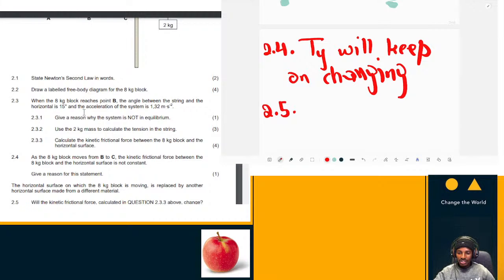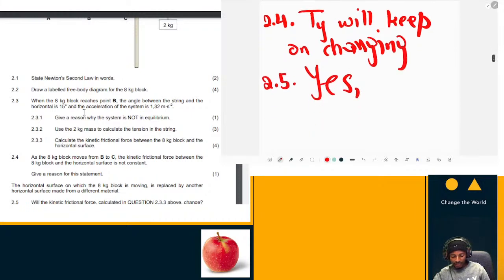So to answer this question now: will the kinetic friction calculated in question 2.3.3 above change? Choose from yes or no. Yes, it will change. Why? Give a reason for your answer.